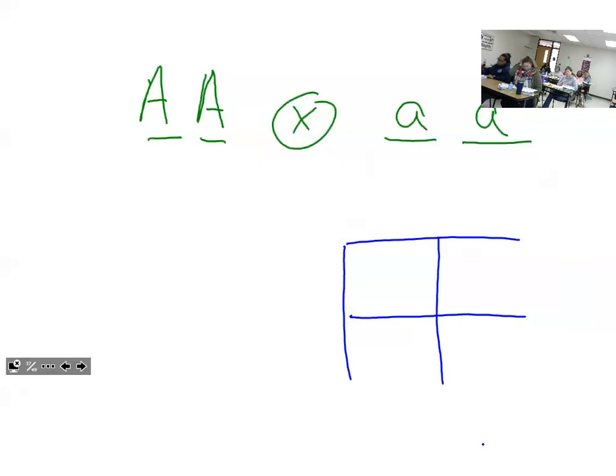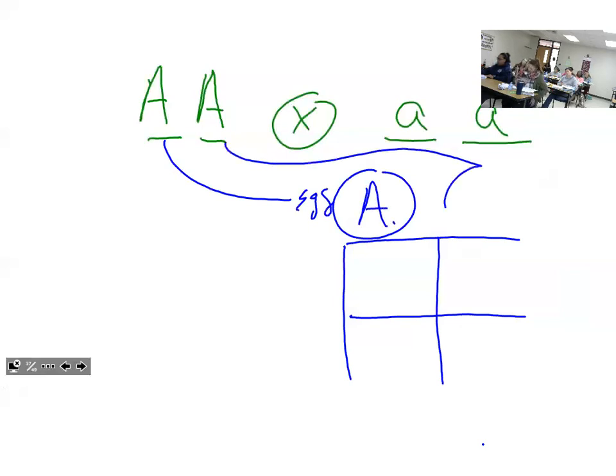That mom gets to give as an egg. She gets to give either this one or she gets to send this one. Is that right? As eggs. Now the information is the same for that trait, but when she makes eggs, it's a 50% chance this one will go and a 50% chance this one will go to the egg.